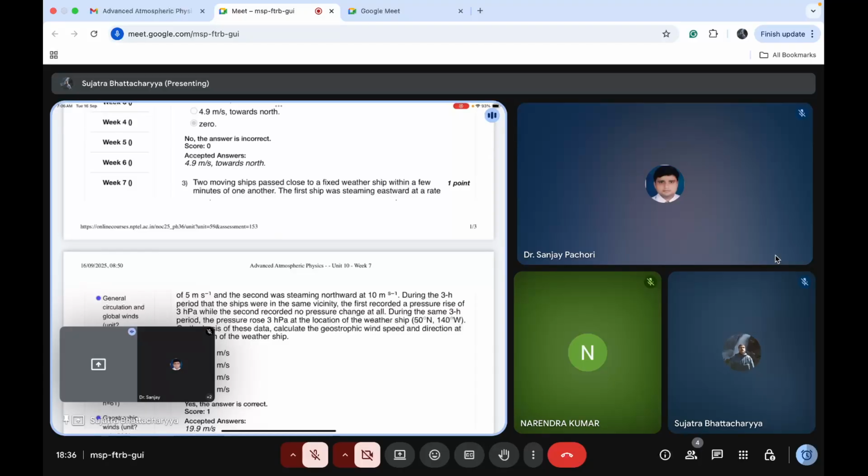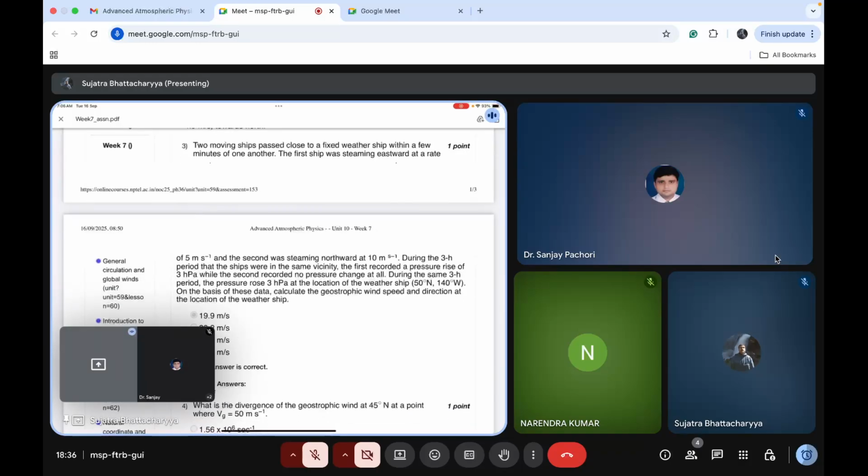Within a few minutes of one another, two moving ships are passing by this particular weather ship. The first ship was steaming eastward at a rate of 5 meters per second, and the second one was steaming northward at 10 meters per second.